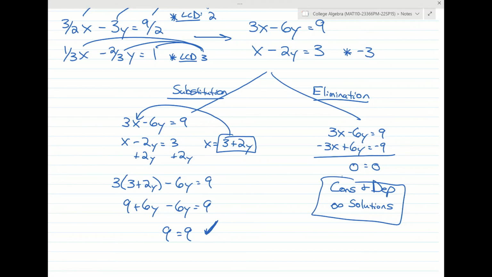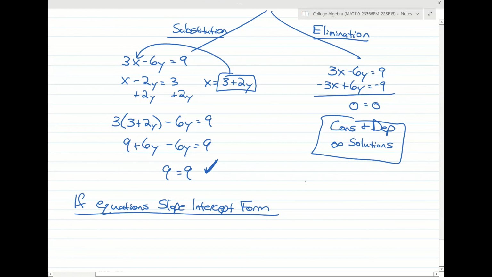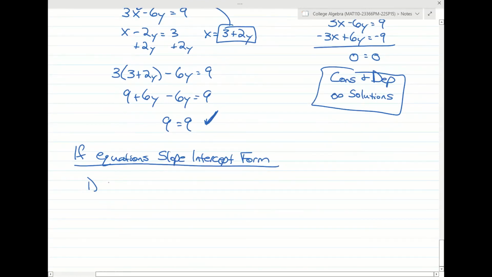There's one little shortcut I want to mention here, and then we'll go to the last section. If the equations are in slope-intercept form, if they have different slopes, that means that the lines cross in one place. So we'd call this consistent and independent.